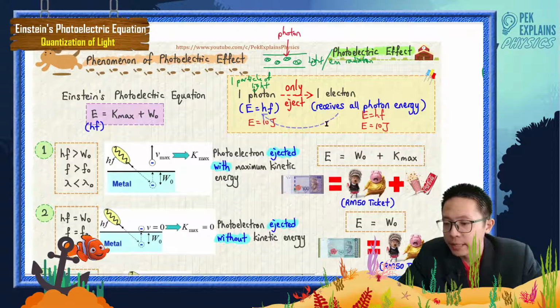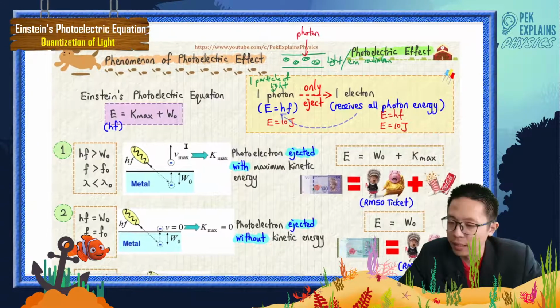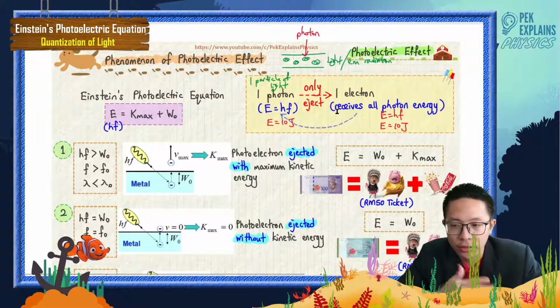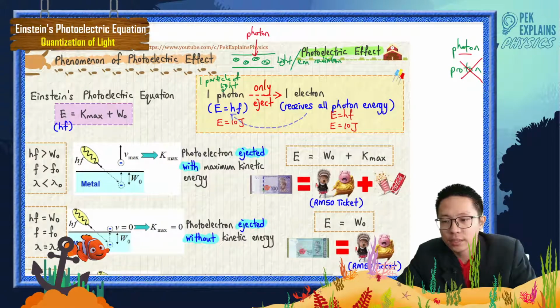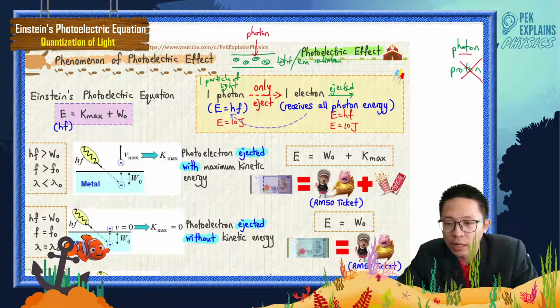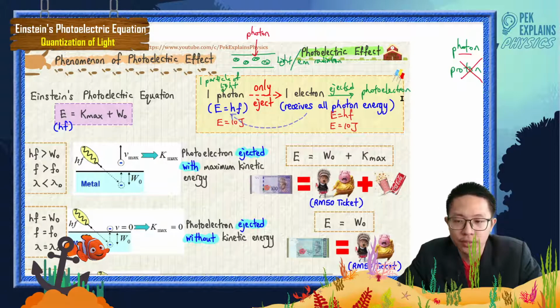Now let's look at whether it can or cannot eject the electron. Once the electron is ejected, it is called a photoelectron. That means we can say the photon and electron combined.